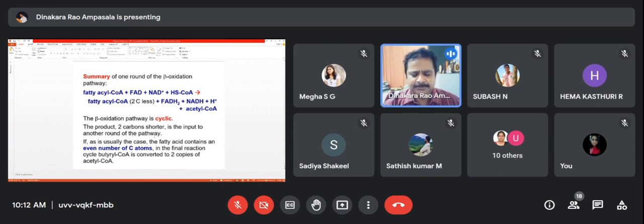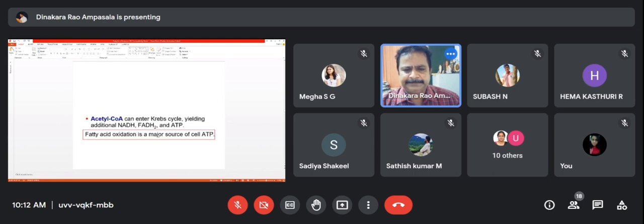Finally, you will get a four-carbon molecule, which is called butyryl-CoA. So if it is an even number, from that you will get two copies of acetyl-CoA at the last. So acetyl-CoA molecules are the end products after beta oxidation.